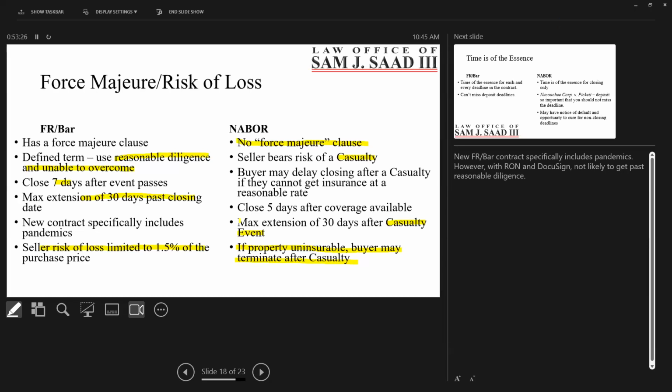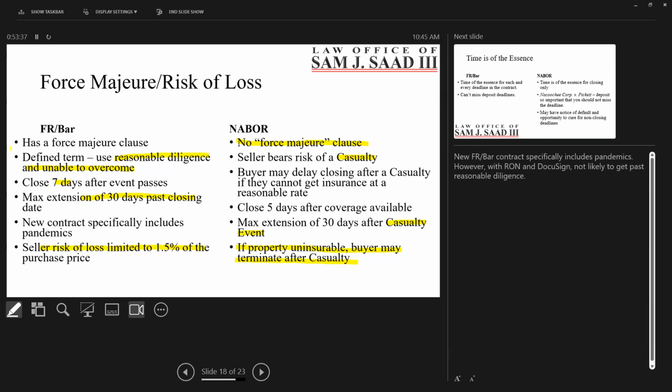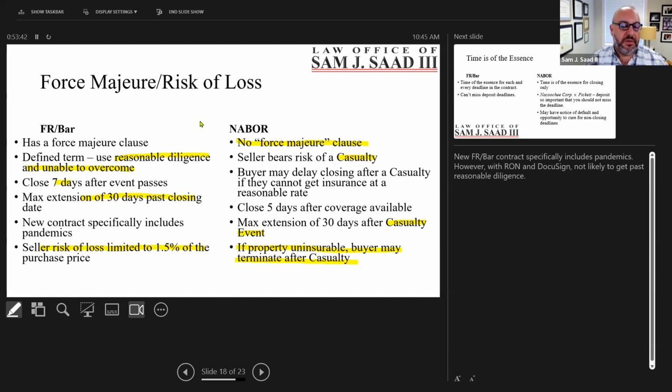The technology is such that we have really not had a problem getting things closed throughout the pandemic or after hurricanes. It's just that if there is an unavailability of services to close, like the power's out at my office and I can't, or the internet is out and I can't get the DocuSign out, then we would delay closing.